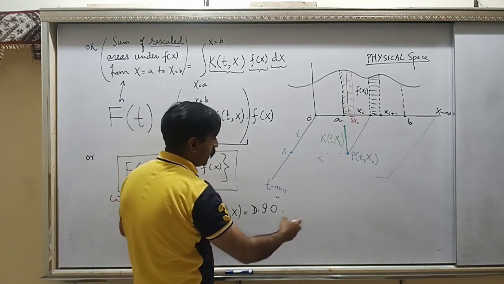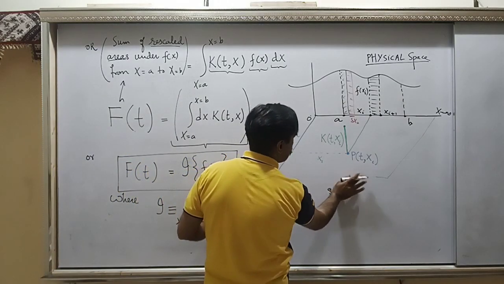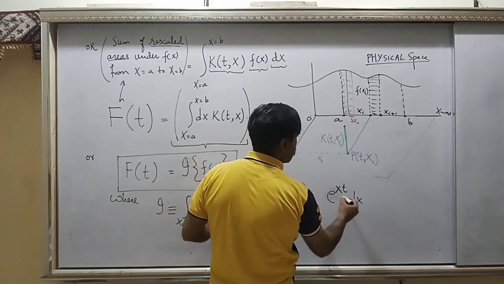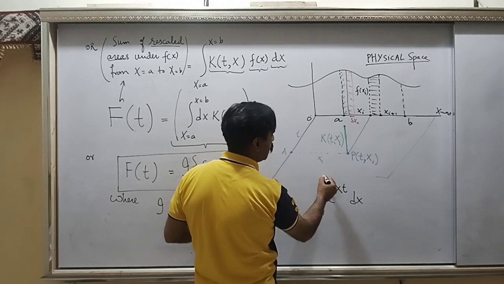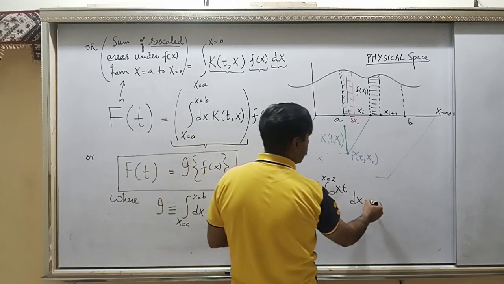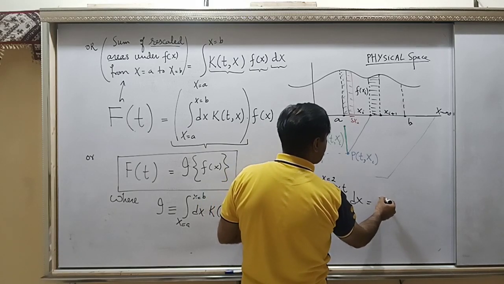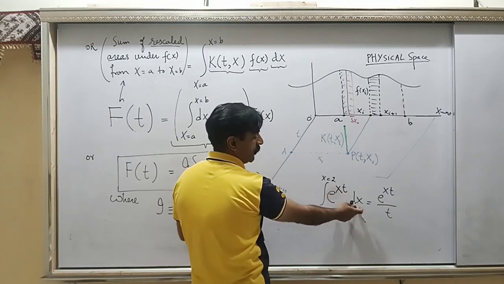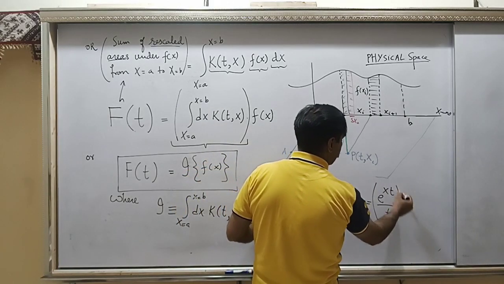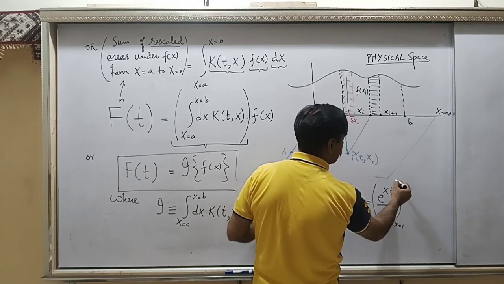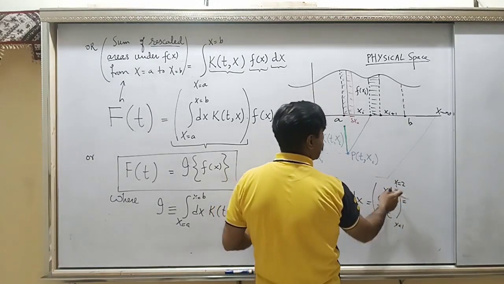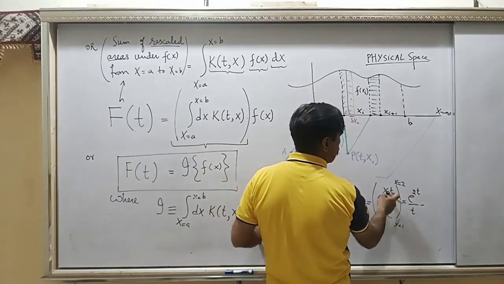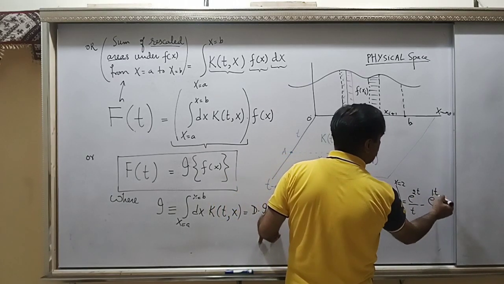For example, look, this is a simple example: the integral of e to the power xt dx, where x is from 1 to 2. When you integrate, you will get e to the power xt divided by t. Then when you apply the limits of x from 1 to 2, for x equal to 2 it is e to the power 2t divided by t, minus, for x equal to 1, e to the power 1t over t.